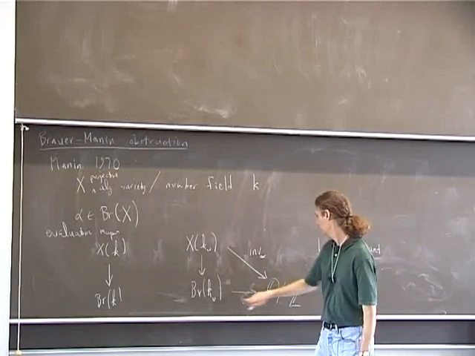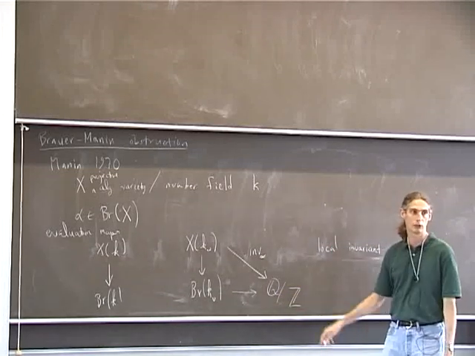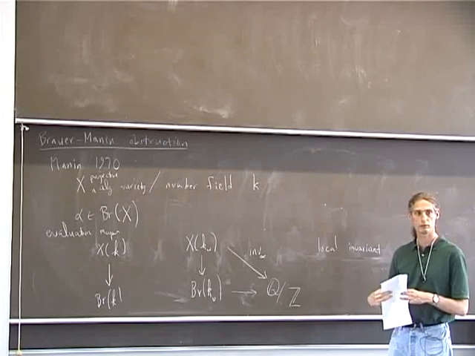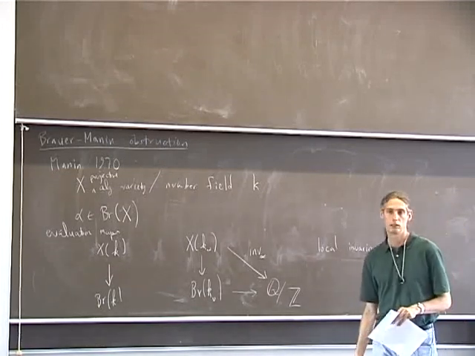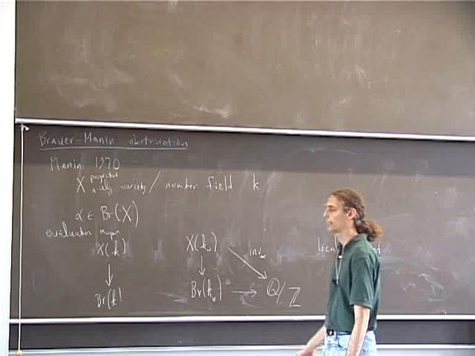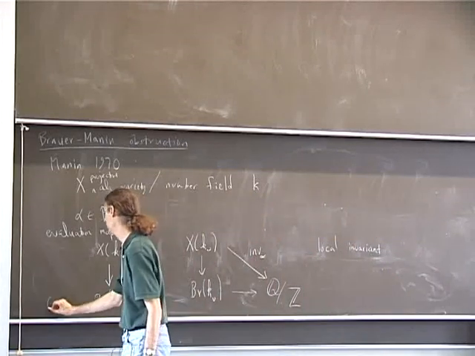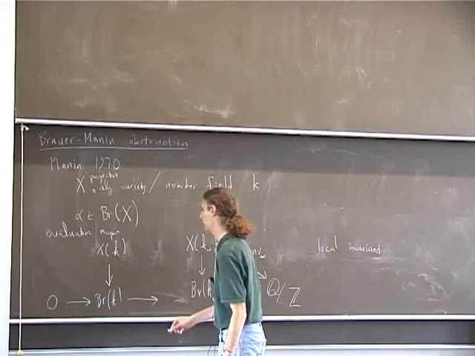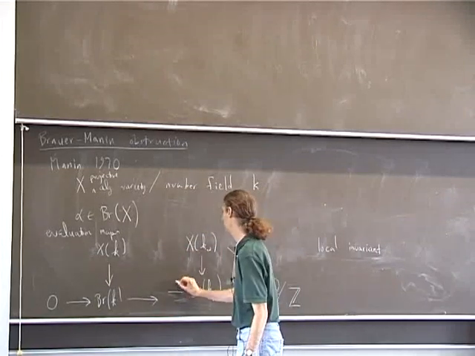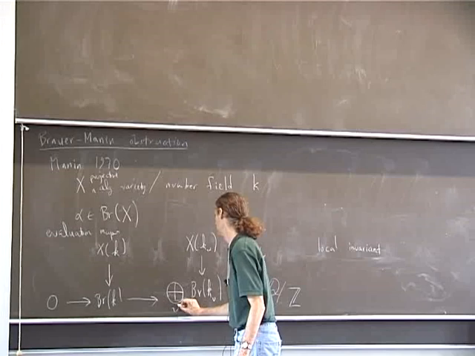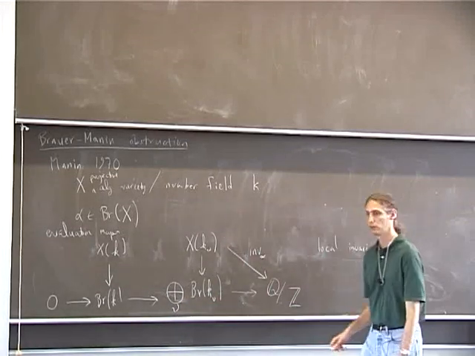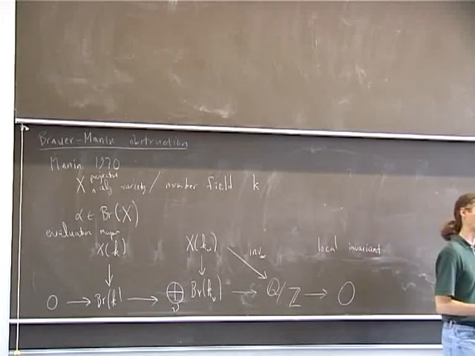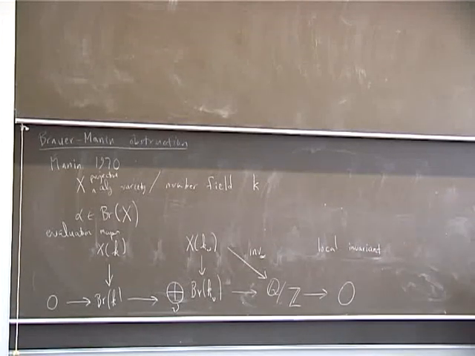And then you apply this canonical map to Q mod Z. Okay, so there's an exact sequence. Let's remember this from a few days ago: Brauer K to the direct sum over all places nu of Brauer K nu, like that.